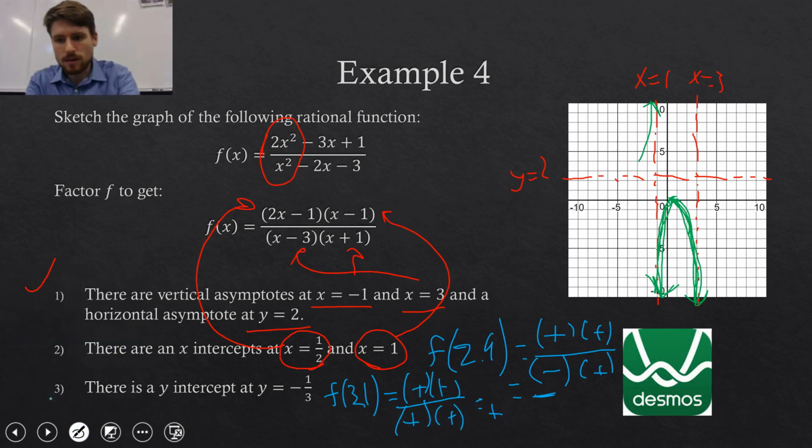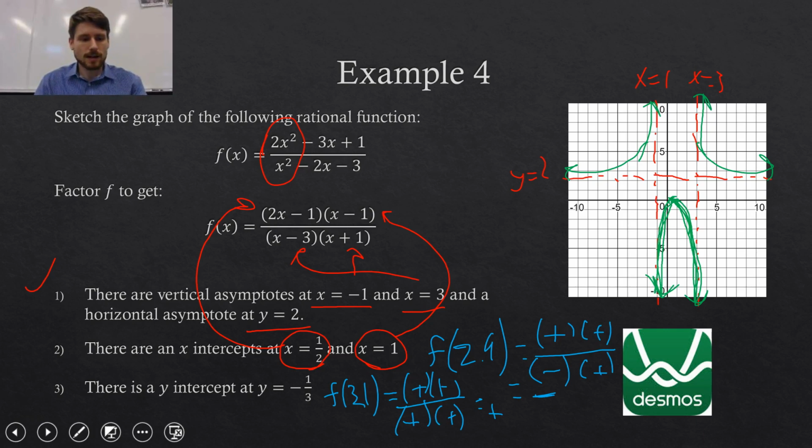So we're going up to positive infinity to the right of 3. Okay? And so our graph is going to do something like this. We're going to zoom in towards those asymptotes as we go off to the right and off to the left. And we've got that funky U in the middle.